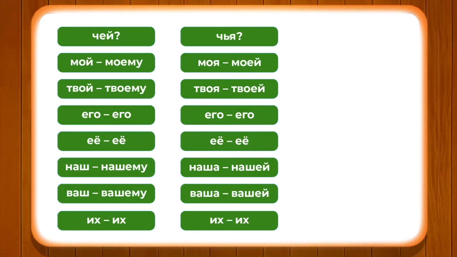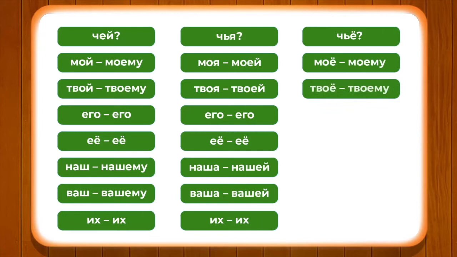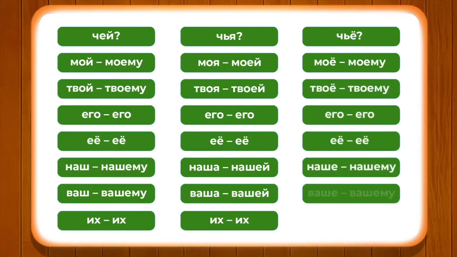For feminine gender, the possessive pronouns we have are maya, tvaya, yivo, io, nasha, vasha, ik. Maya changes into maye, tvaya changes into tvaye, yivo remains yivo, io remains io, nasha changes into nashe, vasha changes into vashe, and ik remains ik.